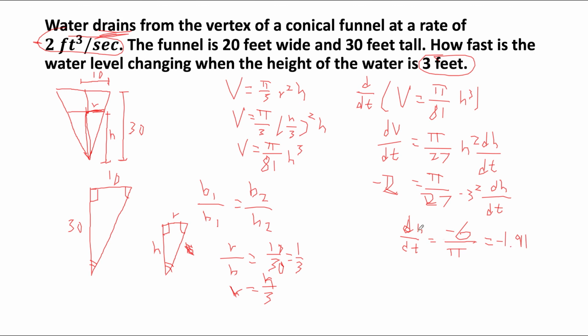And in terms of units, it's h over t. H is measured in feet, and t is, of course, in seconds. So feet per second. And that's our final answer, negative 1.91 feet per second. Let's take a look at the next problem.